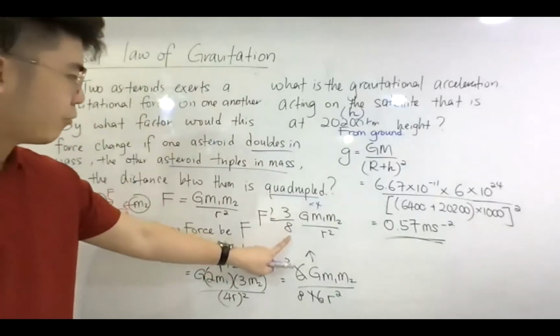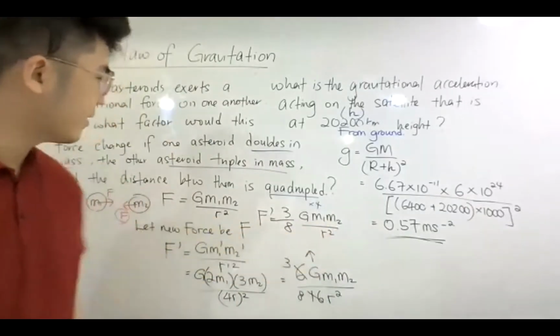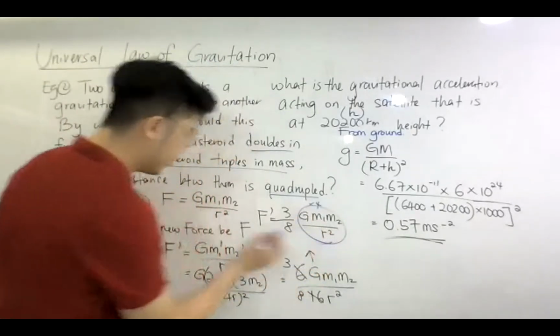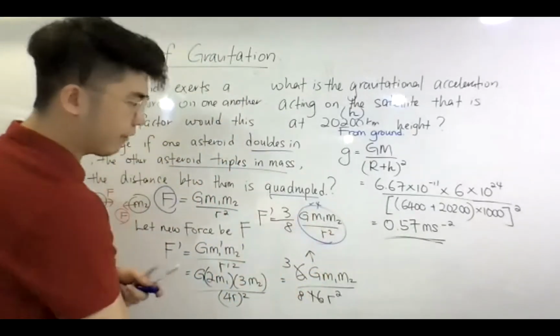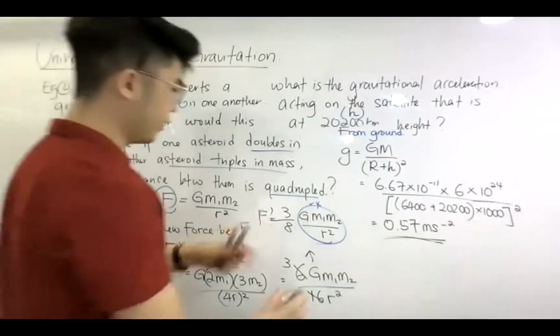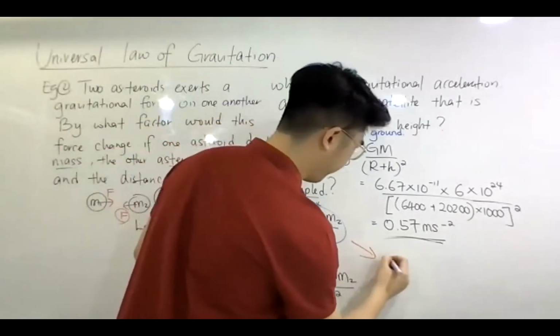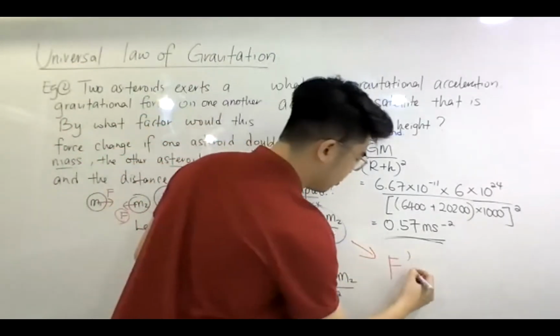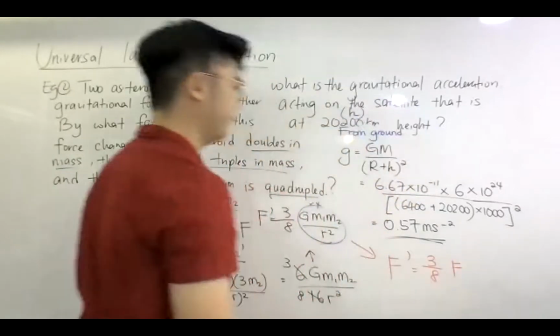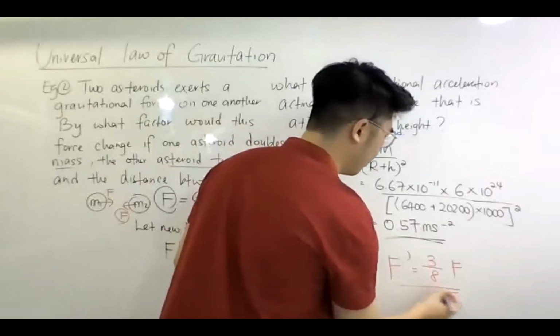F dash equals 3 over 8 G M1 M2 over R squared. And this is your original F. So you put in, then you get the new force equals 3 over 8 of F. This is your answer.